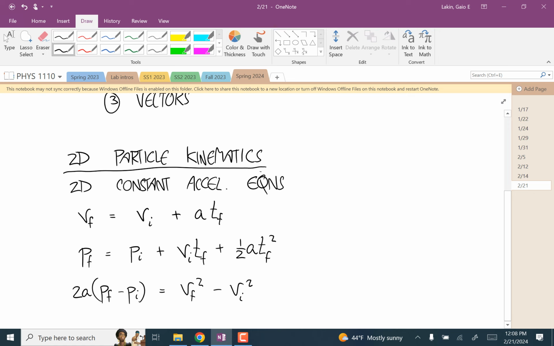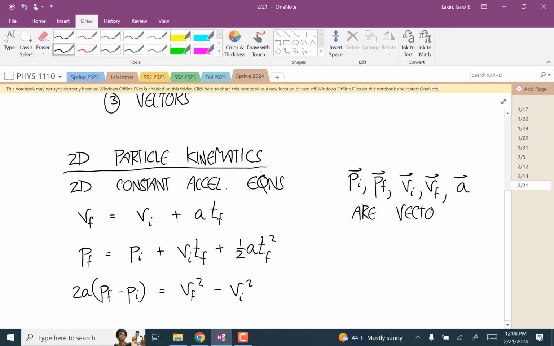And in 2D, the way this works is position initial, position final, velocity initial, velocity final, and acceleration are all vectors. And so all of these equations have components for these vector variables.